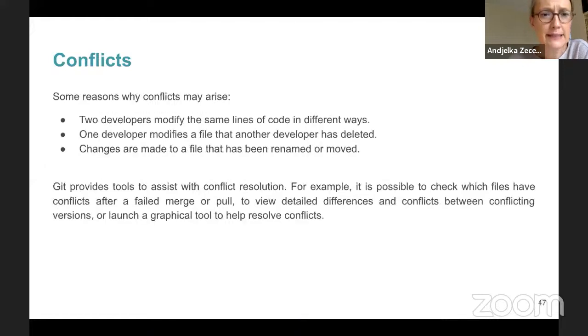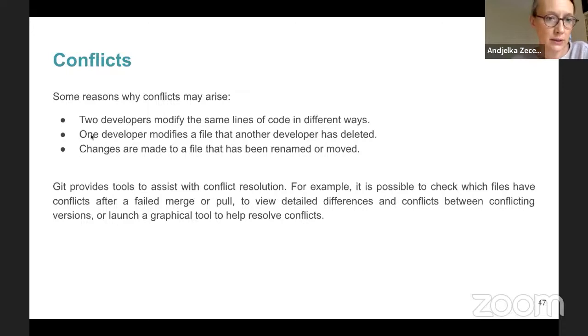And here are some reasons why conflicts may arise. For example, if two developers modify the same lines of code in different ways, and now we are supposed to merge the two files, and we simply don't know which line is the correct one, or maybe it is better to say which line is the preferable one.